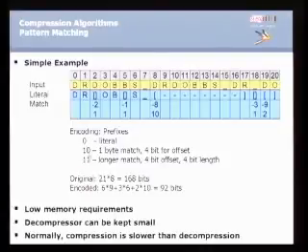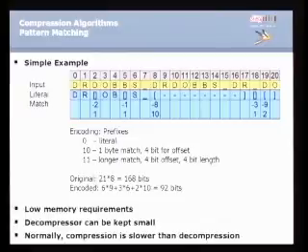Now it has to determine which match it is, whether a 1-byte match, which is denoted by a 0 here, or a longer match, which is denoted by a 1. And then it reads the following bits. For a 1-byte match, it only reads the offset, and for a longer match, offset and length. In this case, both 4 bits.